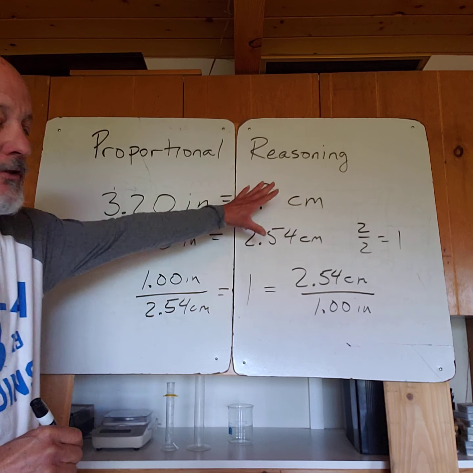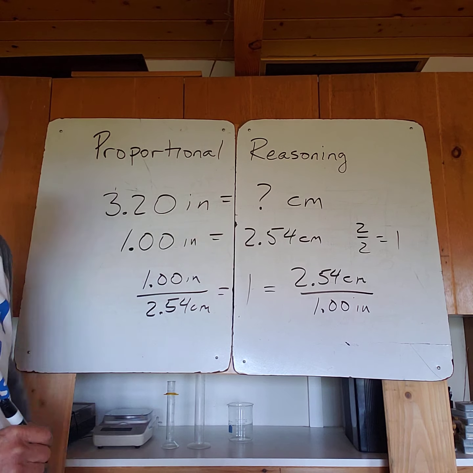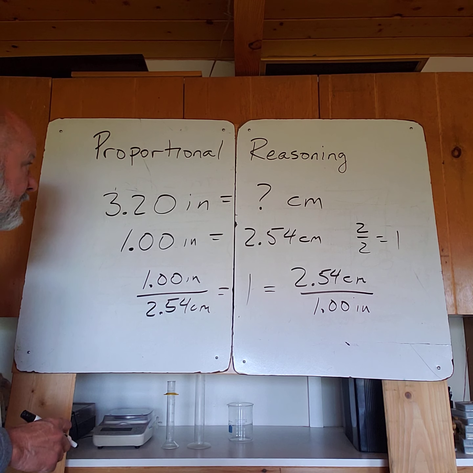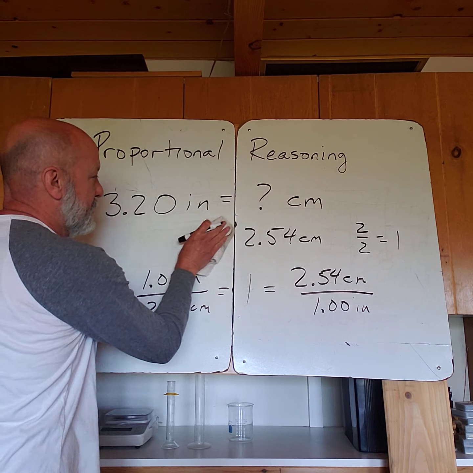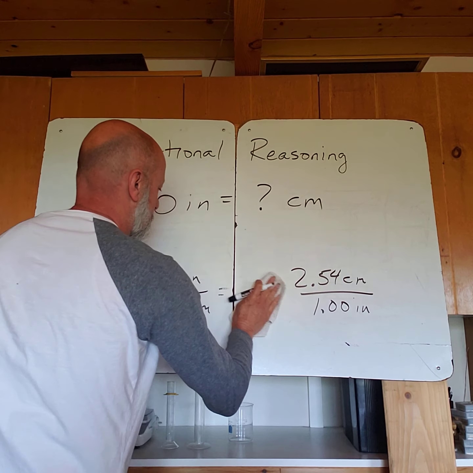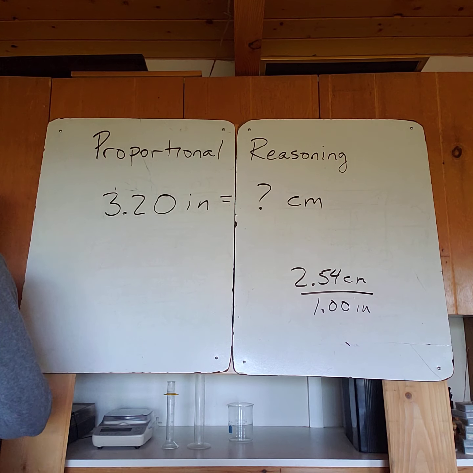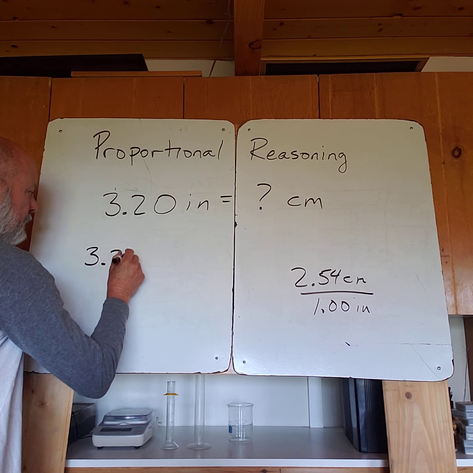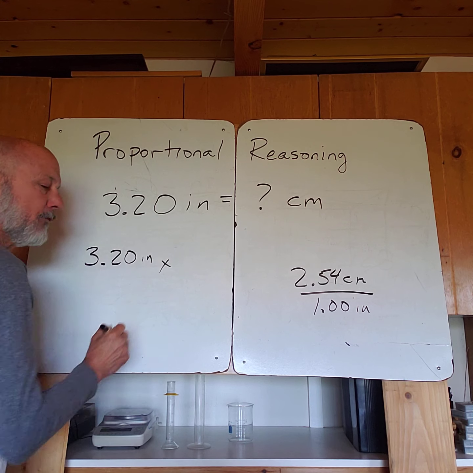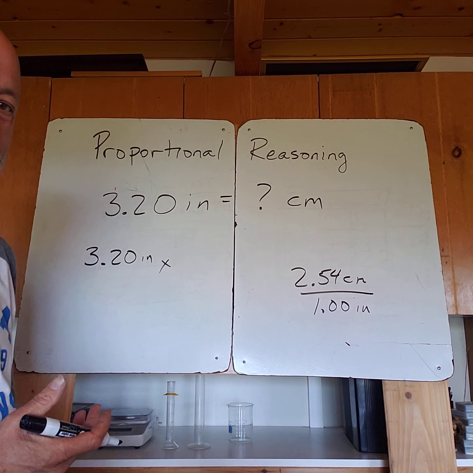So let's use the conversion factor method to solve this conversion problem. Of course, nowadays we just go to Google and solve it, but let's do it the old-fashioned way. I'm in inches, 3.20 inches, and I'm going to multiply it by 1 so that it doesn't change its value.